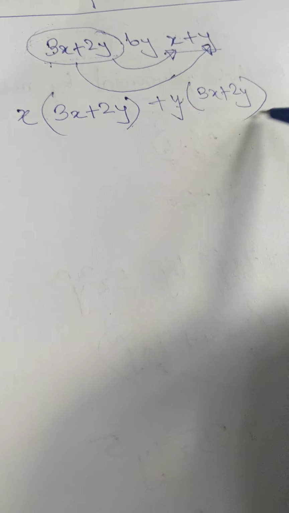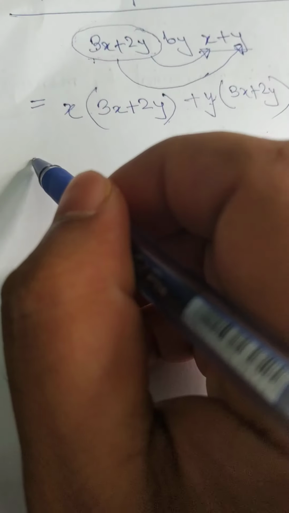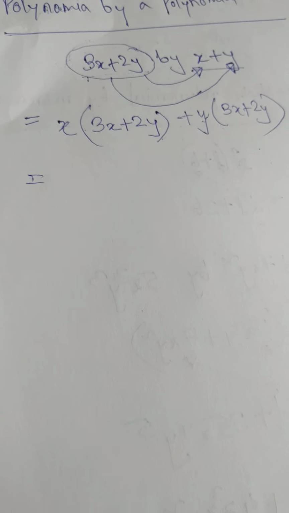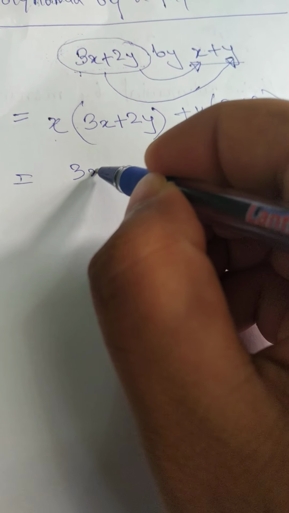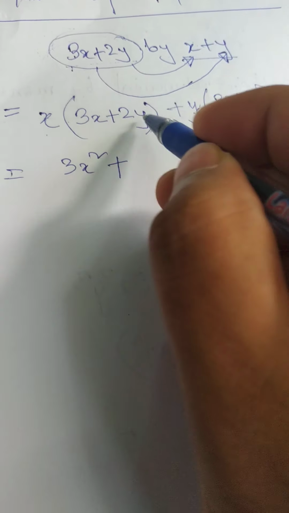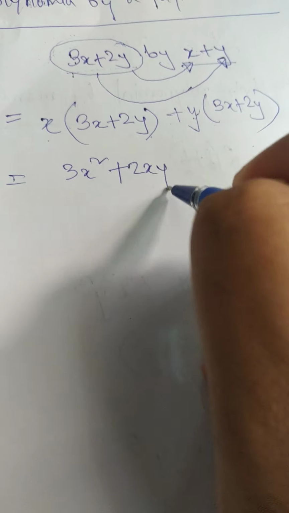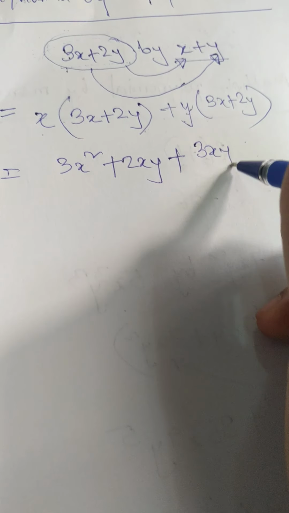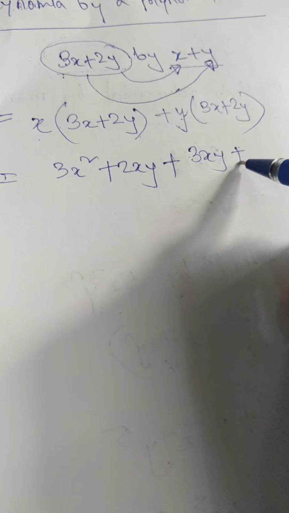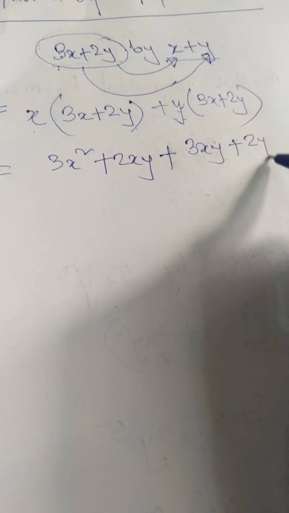Then we put plus y, and again we multiply the whole polynomial. So what do we get? x into 3x, 3x square, plus x into 2y, 2xy, plus y into 3x, 3xy, plus y into 2y, 2y square.